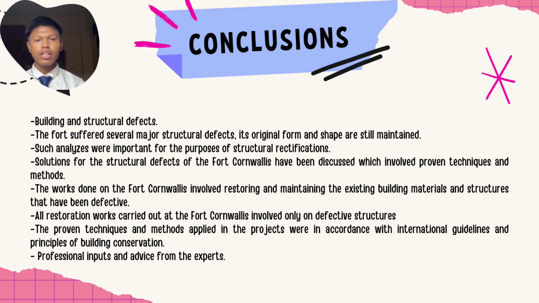Professional input and advice from the experts and consultants involved, particularly from the structural engineer, were equally important to ensure the structure of the Fort Cornwallis lasts for as long as it could.